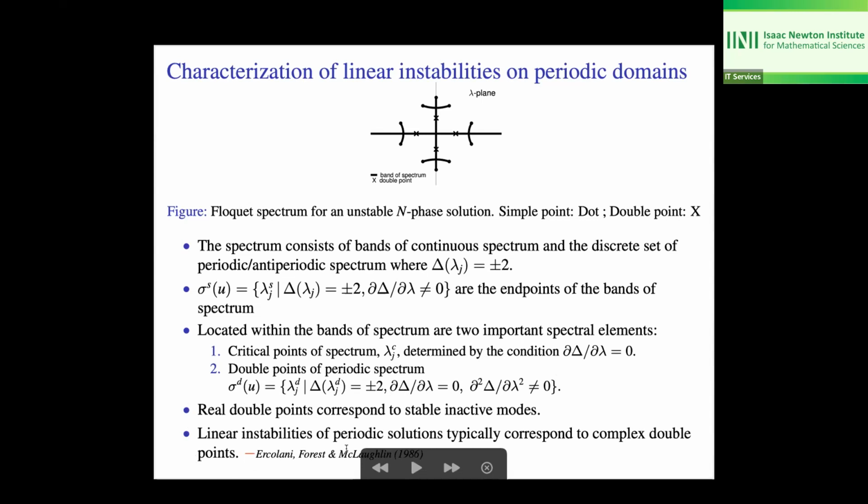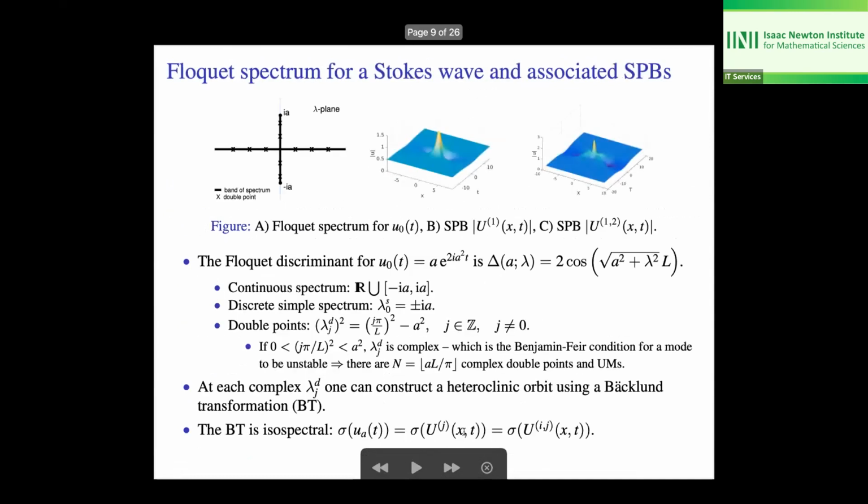The real double points correspond to stable inactive modes, and linear instabilities of periodic solutions typically correspond to the complex double points. And so these elements of the spectrum are illustrated for a Stokes wave, given here along with its discriminant delta. We see that the continuous spectrum is the entire real axis, and a band along the imaginary axis ending at the discrete simple points plus and minus IA.